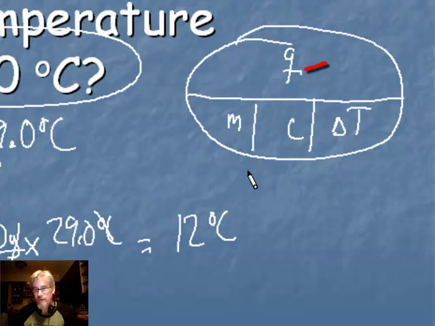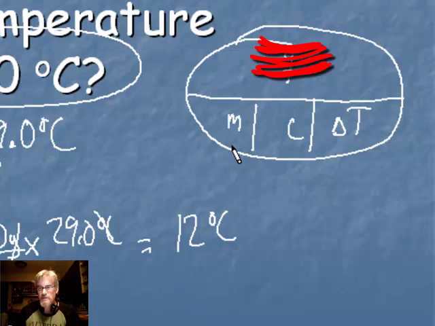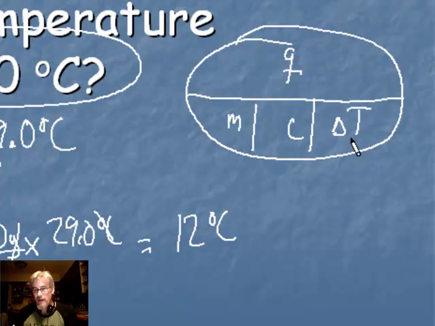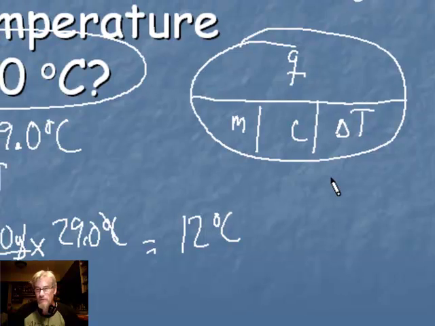So in this problem, we're trying to find Q. So if I cover up Q, it tells me take mass times specific heat times temperature change. And that's what the algebra did too. So this is a way to short circuit the algebra. The horizontal line means divide by. The vertical lines mean multiply by.